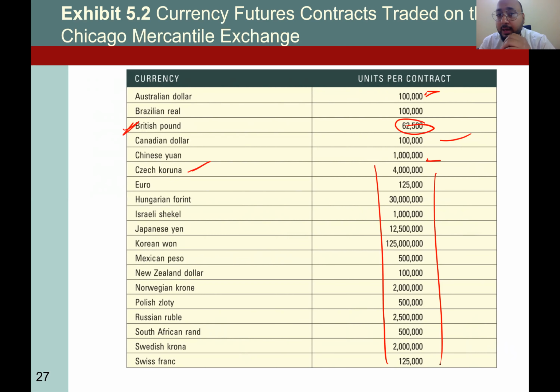If you need less than that, at least you need to buy one contract of this value. If you need 250 million yuan, how many contracts do you need to buy? 2.5. So can you buy 2.5 contracts? No. You can buy only 2 or 3 contracts. If you buy 2 contracts, you will be dealing in 2 million.